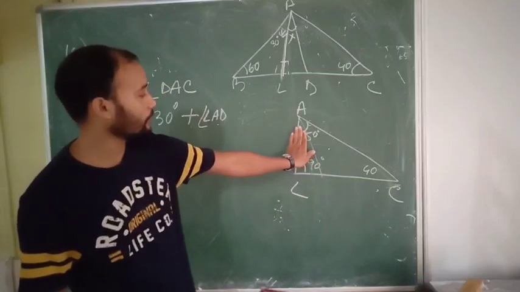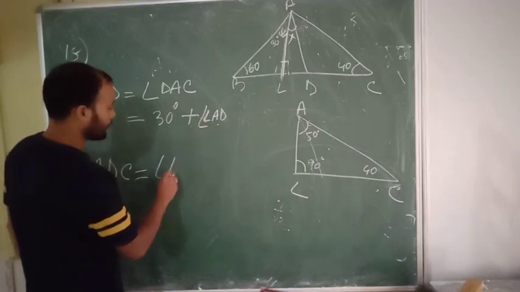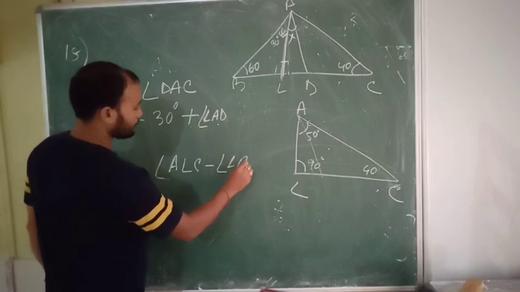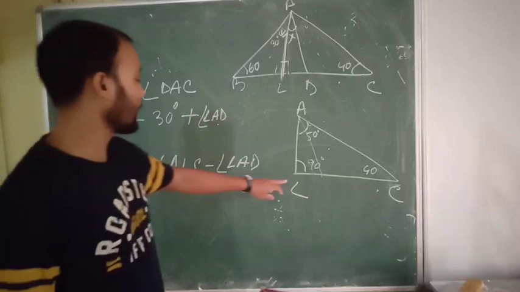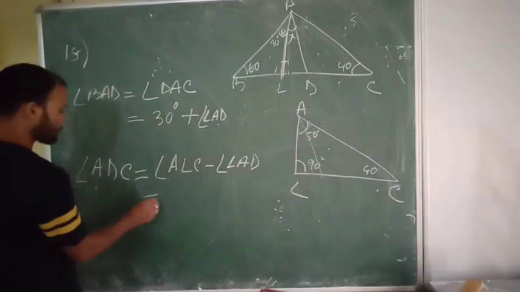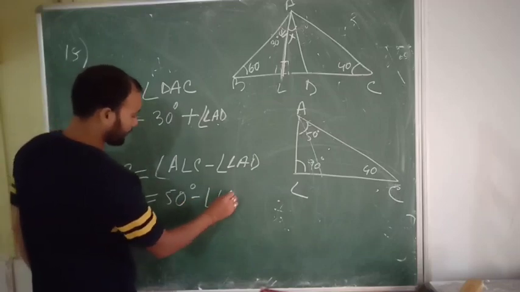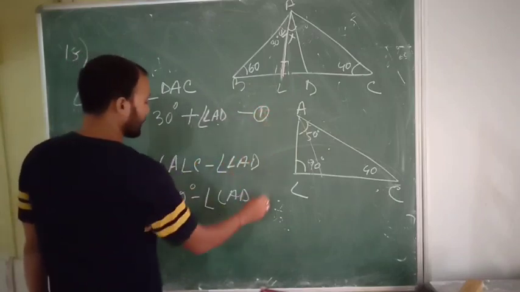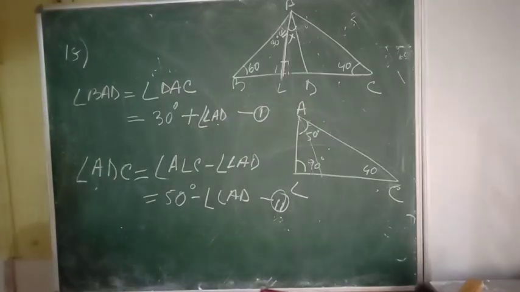In order to have ADC, we have to subtract this small angle from this entire angle, that is angle ALC minus angle LAB. Now what is the value of angle ALC? ALC is 50 degree minus angle LAB. So in terms of LAB, we got two equations.